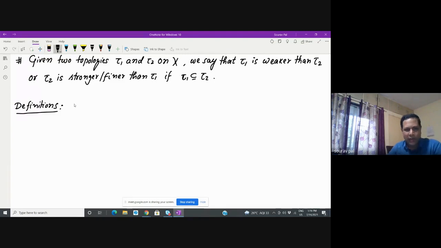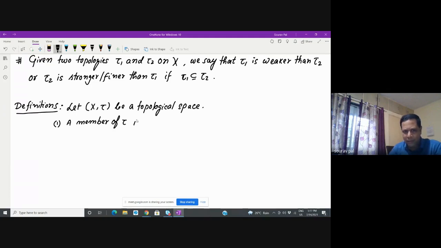If you have a topological space (X, tau), then number one, a member of tau is called an open set.